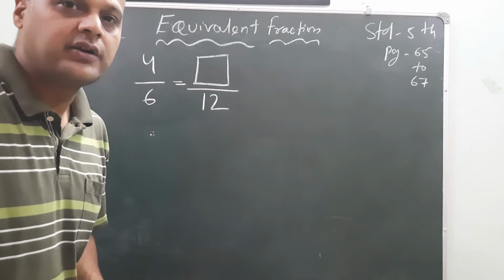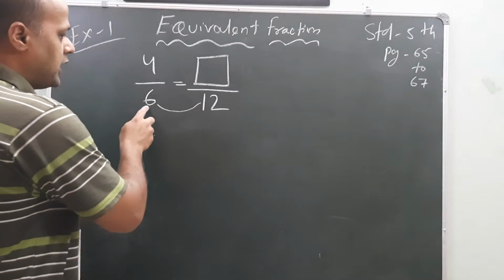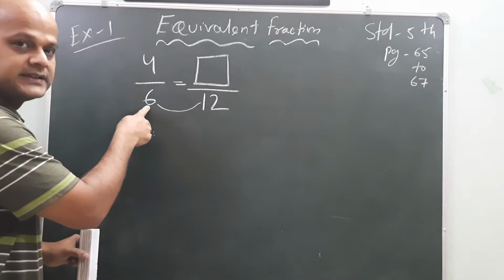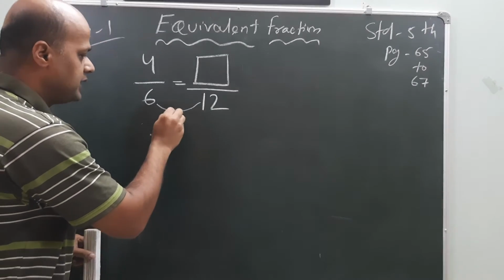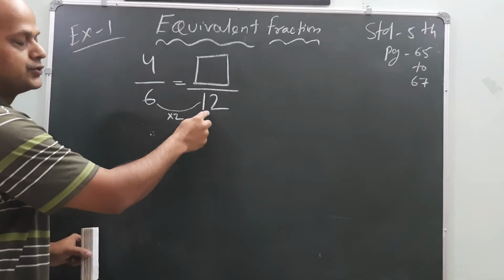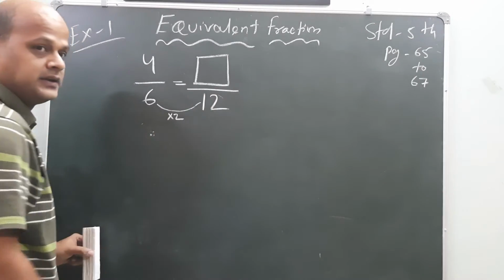In this case, what do you have to do? You have to make a relation between 6 and 12. What should I do with 6 so that 12 will come? Yes. If I multiply 2 with 6, then the result will be 12.